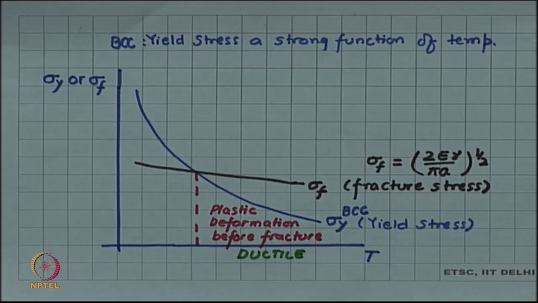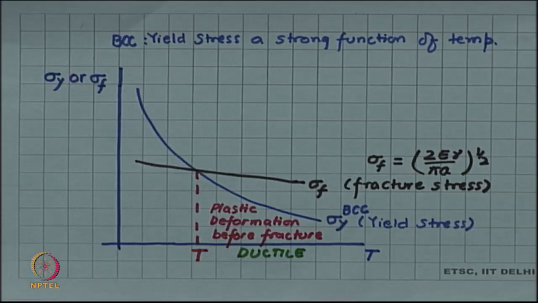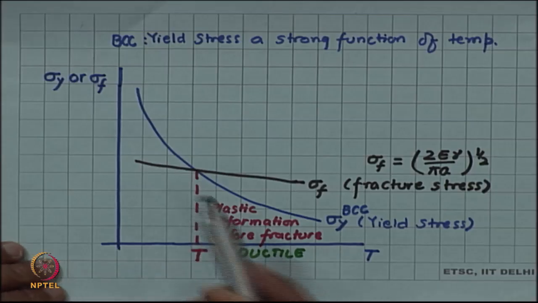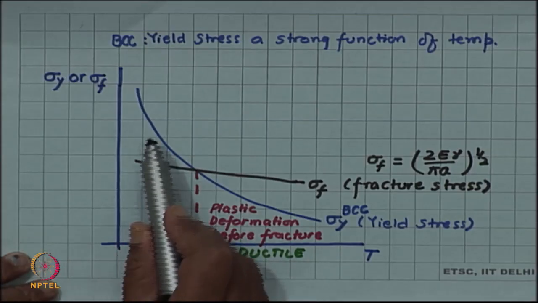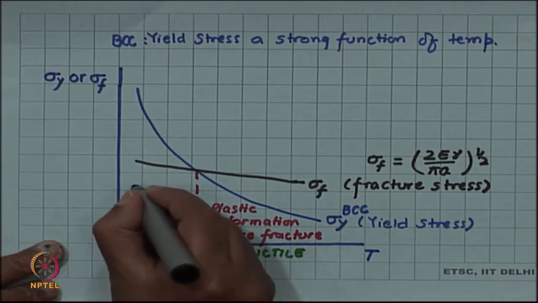But below this temperature, you have fracture stress less than the yield stress. So, fracture will happen before plastic deformation.